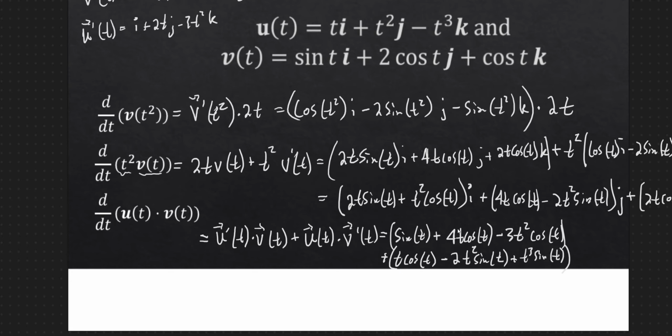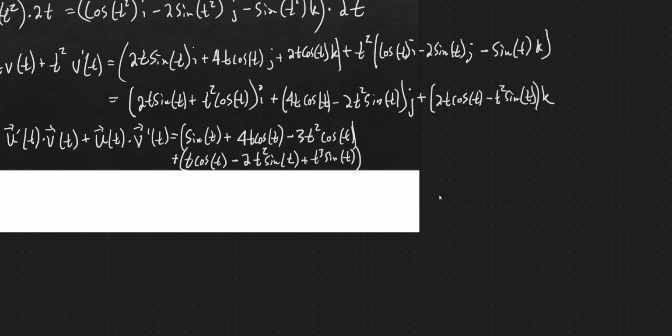Let's see, can we really combine anything here? Sure, of course we can. We have a 4t cosine t, and I have a t cosine t there. So that's 5t cosine t. Do I have any other t squared cosine t's? No, I don't have any of those, but I have a sine t. Let's maybe separate all my sines and cosines, just to organize this a little bit.